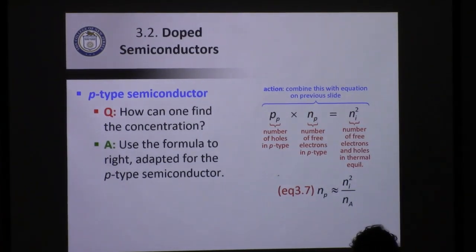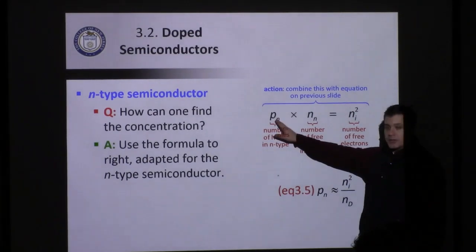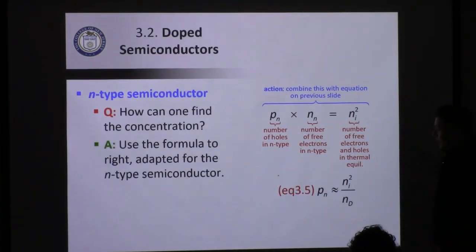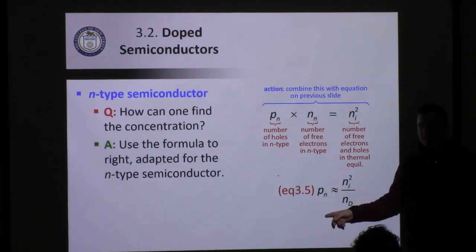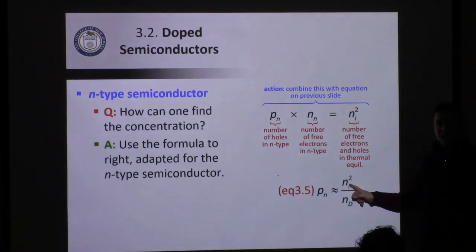Same equation applies for the n-type doped semiconductor. The majority charge carrier times the minority charge carrier concentration equals Ni squared. So 99% of the time, you're going to be using the equation in this form. You're going to be able to calculate Ni from the constants and the temperature.